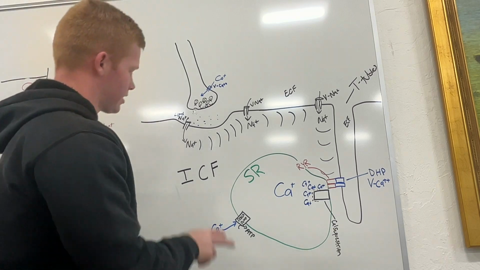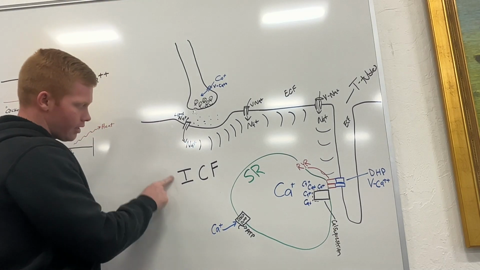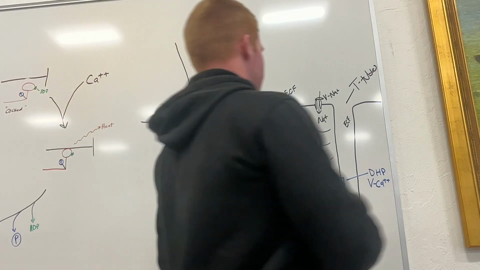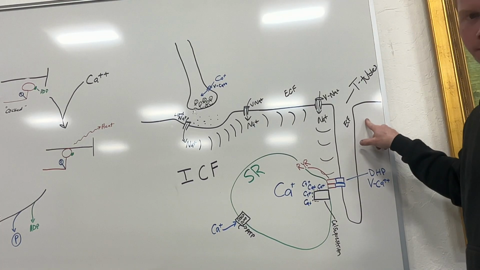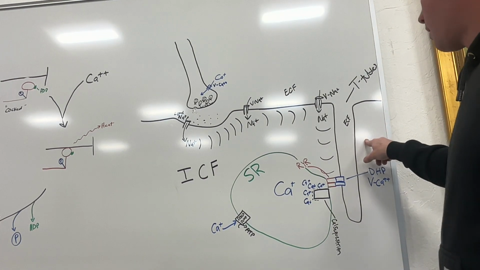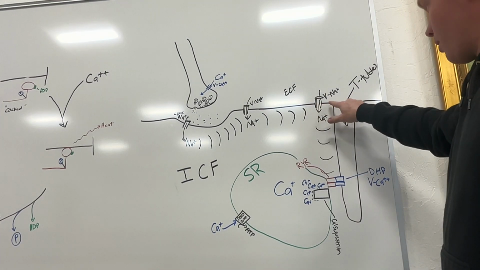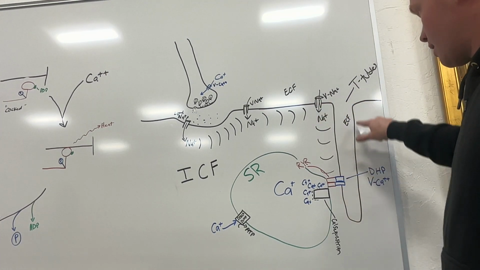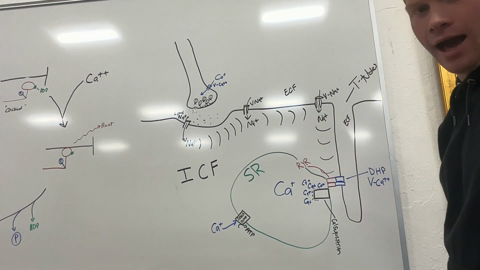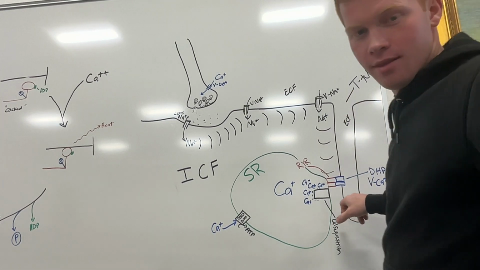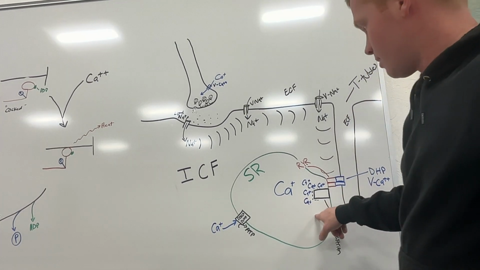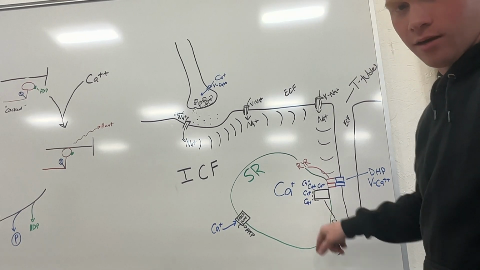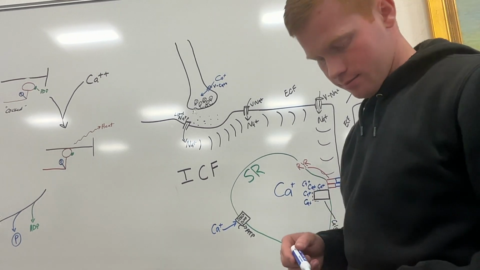Something that's different about a skeletal muscle cell is that we have this right here, which is called a T-tubule. The reason this is important is that the membrane has like a valley or an alley into the cell, because it needs to be close to the SR, or the sarcoplasmic reticulum.